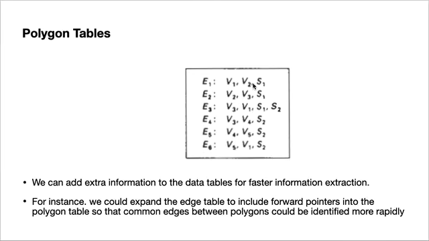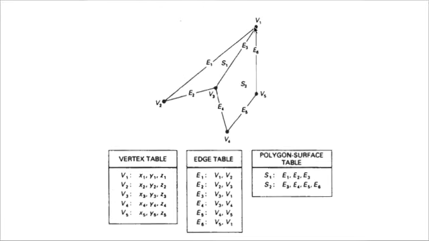surfaces. So here it simply means that the edge E1, having the vertices V1, V2, is a part of the surface S1. Similarly, if you take E3, it is a part of the surfaces S1 and S2.